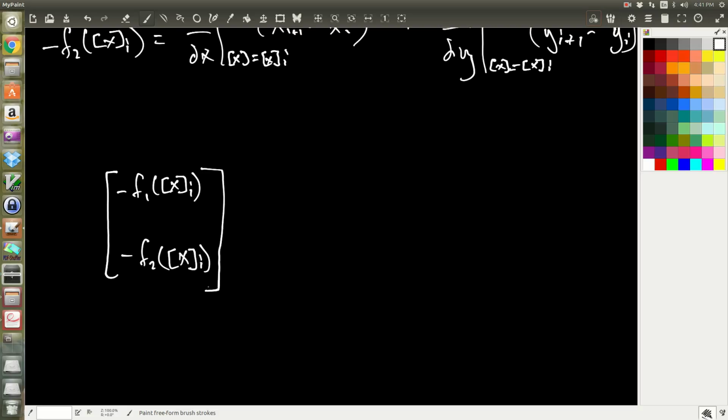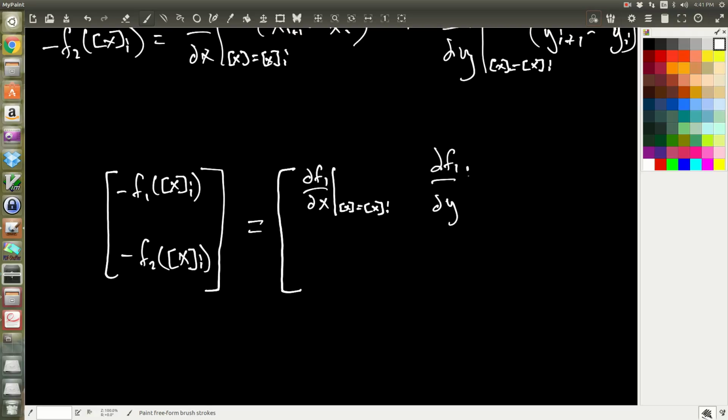So this vector is going to be equal to this matrix here, where I've got the partial of f1 with respect to x evaluated at x equals xi, and then I have the partial of f1 with respect to y also evaluated at x equals xi.